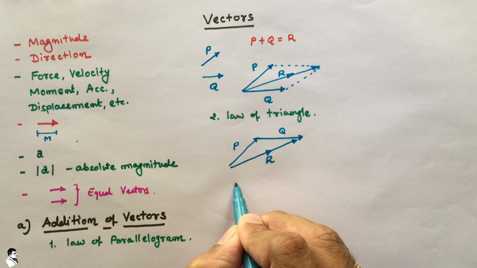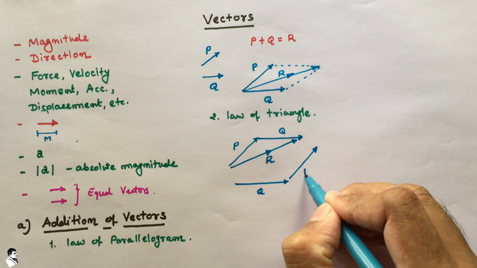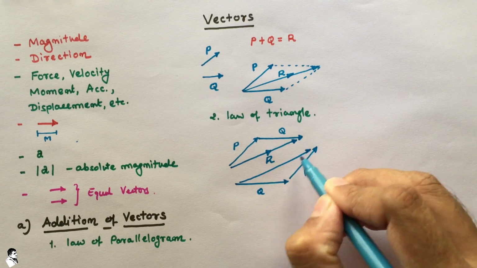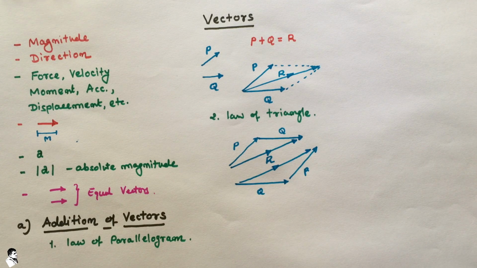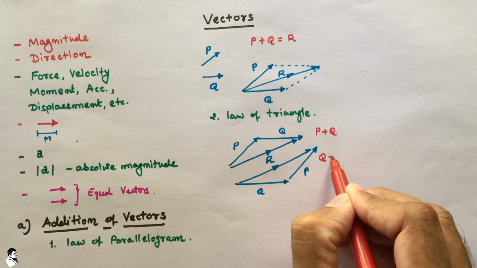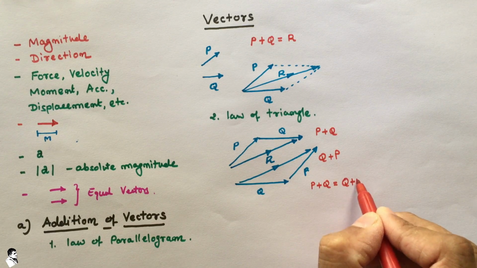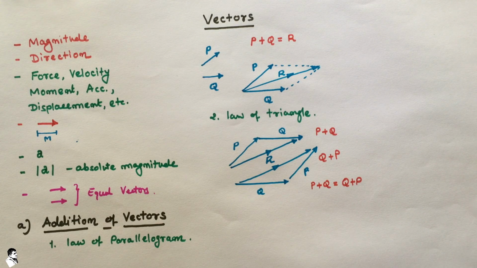Maybe you can draw it like this: Q and P, and this one is the R. So this is P plus Q and this is Q plus P. P plus Q is equal to Q plus P, and that equals R. Now the triangle law may be extended to add more vectors, and it is generally defined by some notations.